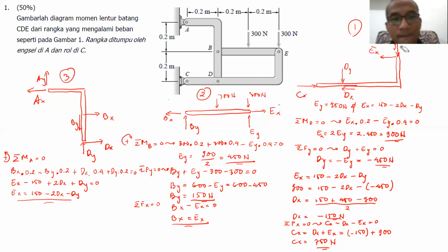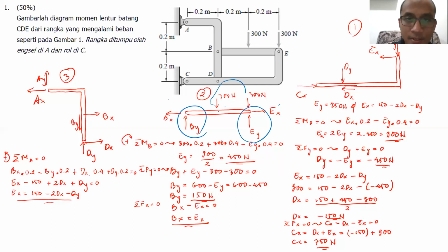Then I'll try to use the other equations to solve for the other unknowns. Using sigma Fy equal to 0, because EY is already known, and if going up is positive, what I will have is Py plus EY minus 300 minus another 300 equal to 0.